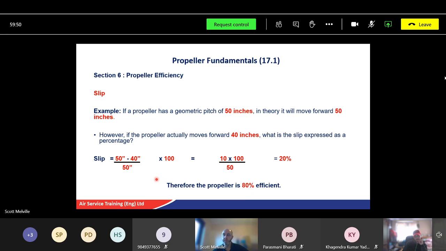Any questions? We calculate how much the propeller rotates and how much distance it gets. In theory, what it should get, but we actually calculate what we actually get in the end, the real result. So in this case, this propeller was 80% efficient. We lost a little bit of slippage, but it wasn't too bad in the end.